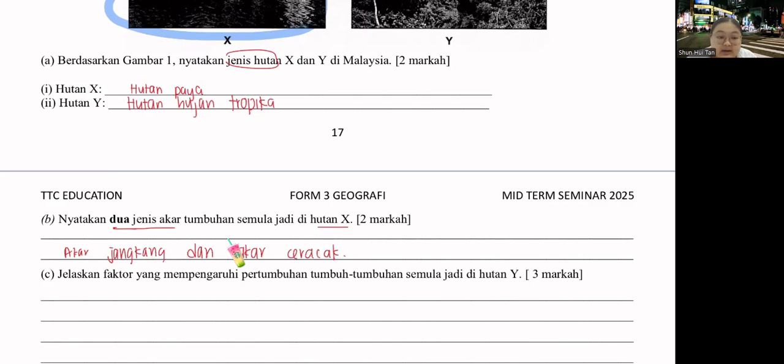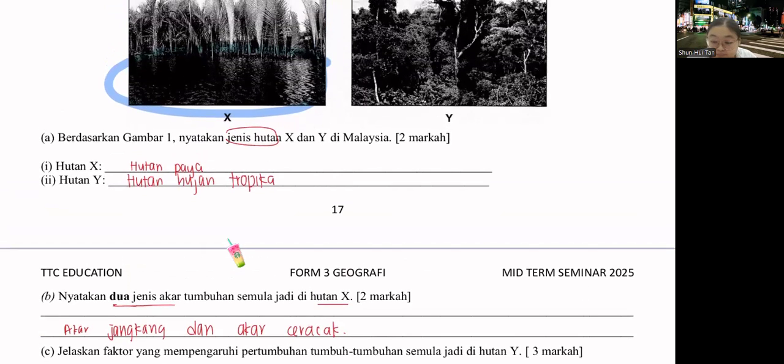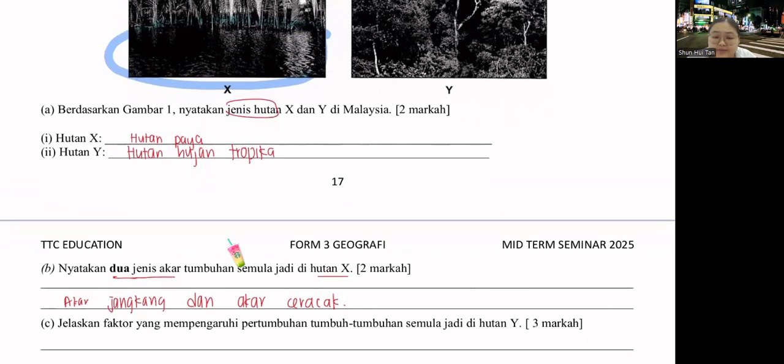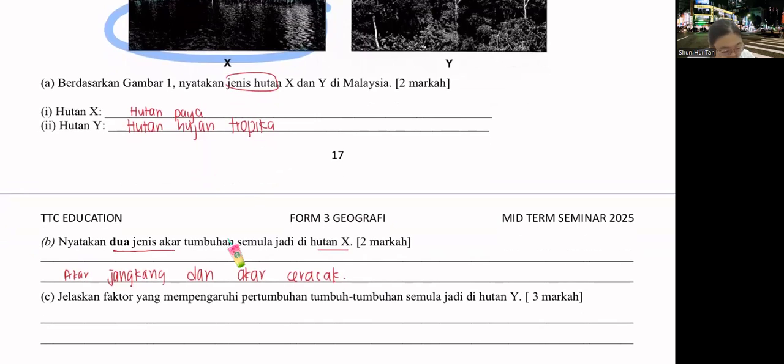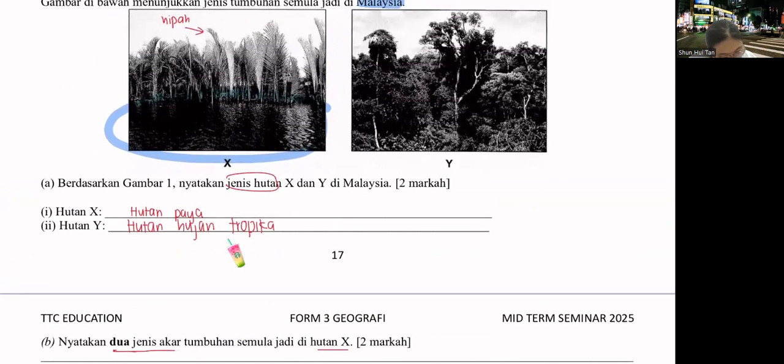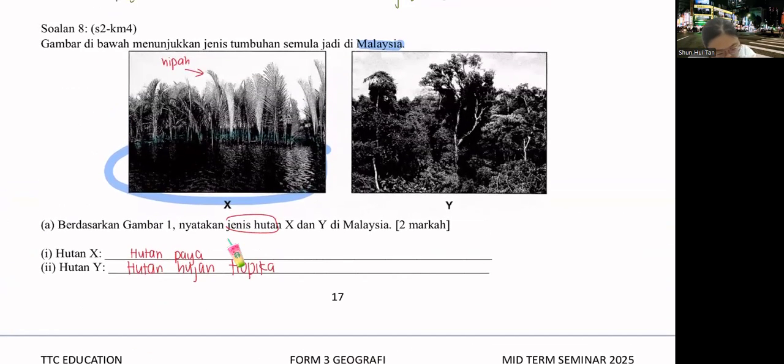Okay, akar jangka, akar ceracak. All right. Now, an easy question will come with this. Jelaskan faktor yang mempengaruhi pertumbuhan hutan Y. This is hard. Paya air masin.